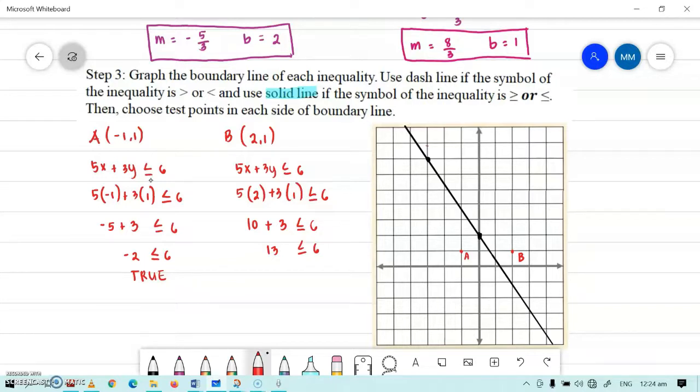So meaning to say, test point B does not satisfy the first inequality. So here we have false.